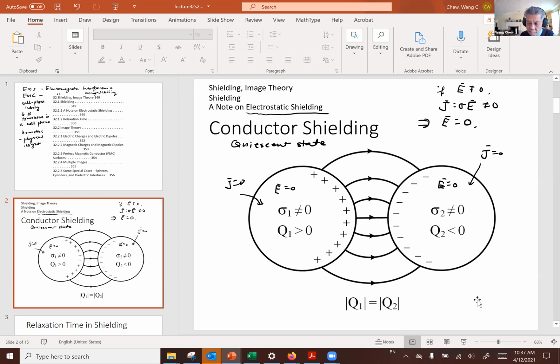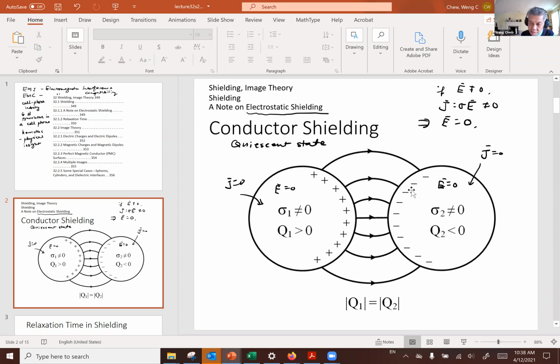So the only possibility is for the charges to cancel the total electric field inside. Say if there's an electric field coming from the other conductor, it tries to penetrate into this conductor, then negative charges will pile up in such a way to make the E field equal to 0 here.